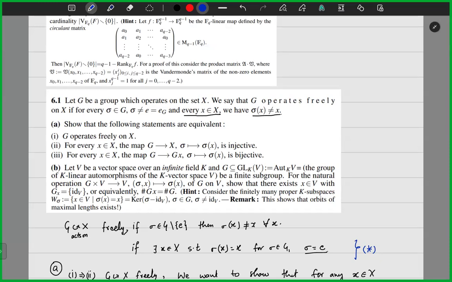For the natural operation, G acts on V, because G is a subset of the automorphism group of V. So that there exists x inside V for which Gx, the stabilizer of x, is equal to identity of G. So the only stabilizer is the trivial subgroup of G. That is what we need to show.